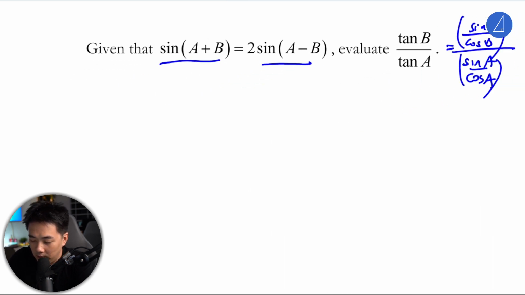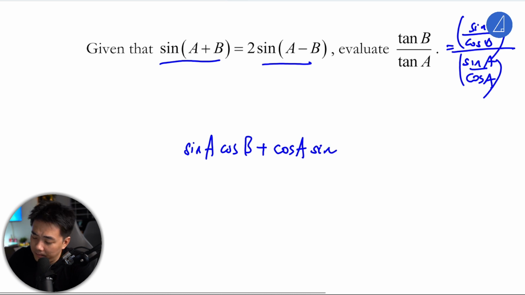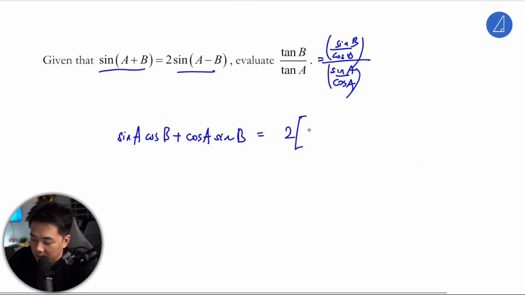So from the left hand side and right hand side, this is sine A cosine B plus cosine A sine B equals 2 times sine A cosine B minus cosine A sine B. I think this part is still manageable.